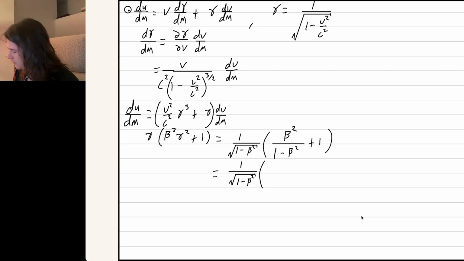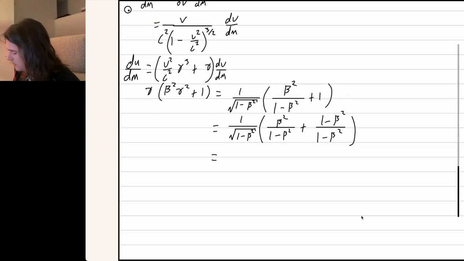We can multiply 1 by 1, so the things have the same denominator: 1 minus beta squared plus 1 minus beta squared over 1 minus beta squared. And look at that, the beta squareds in the numerators cancel out.